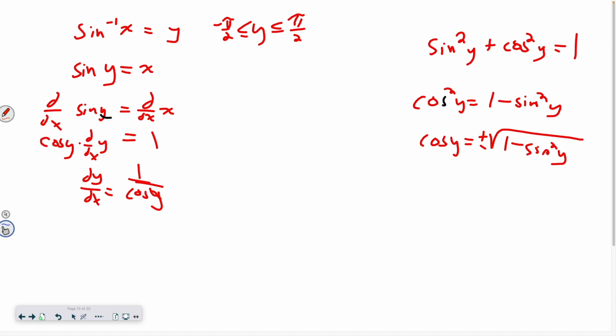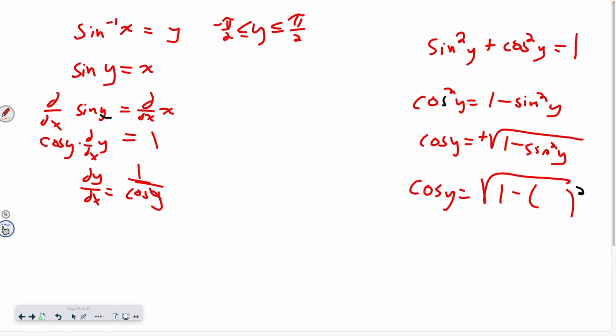Now, wait a second. In the cosine of y, remember, y is an angle in which quadrants? 1 and 4. Is cosine positive or negative in 1? Is cosine positive or negative in 4? Positive. It's the x value, right? So it's going to be positive, so I can get rid of the negative there. Choose the positive. So cosine of y equals the square root of 1 minus sine squared y.